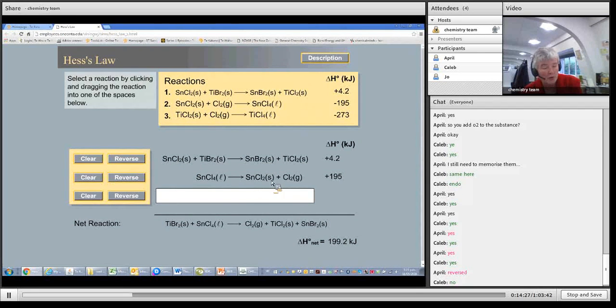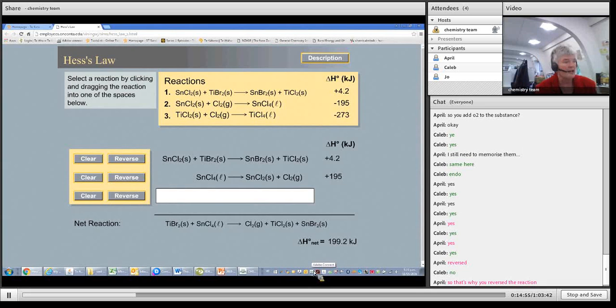And look, they're both solids. That's the other thing you've got to check. You can't just cancel any old one. You've got to make sure they're in the same state. So that tin chloride in the solid state cancels out that tin chloride in the solid state. So I've got no tin dichloride in my final reaction. That's the only one that's cancelled out. All the other ones are still there.